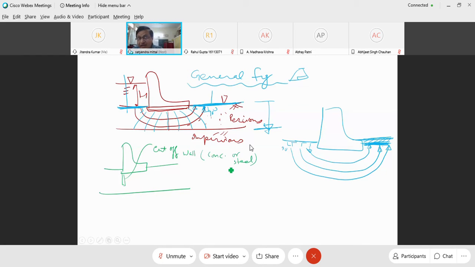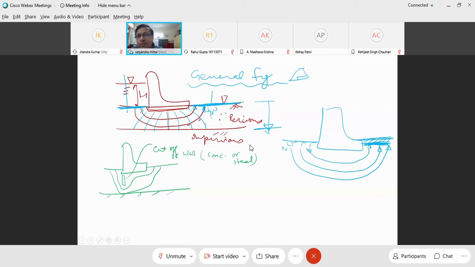Now, in that case, what will happen? The flow line will again start, but it will have to go down, then it will reach like this. Again, another flow line will come, go down and reach here.